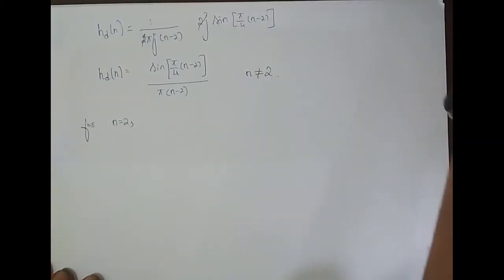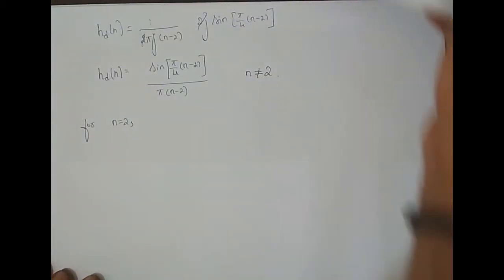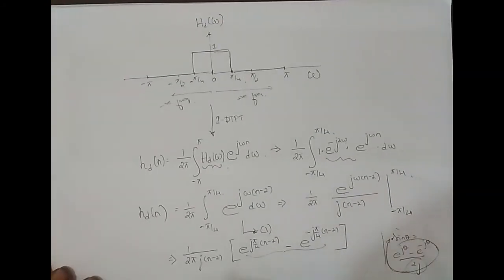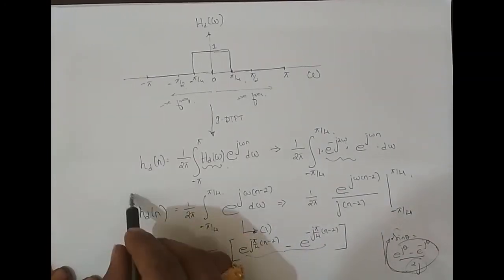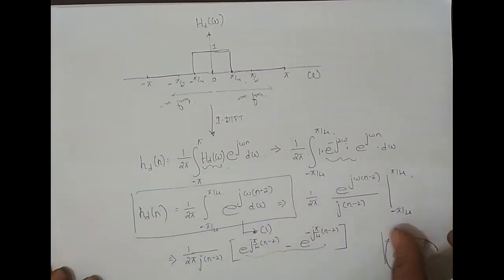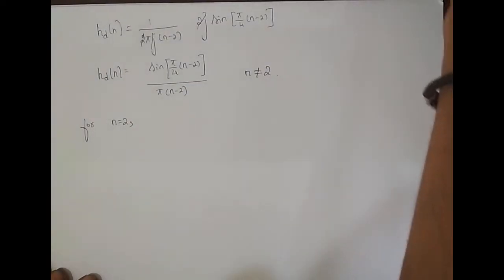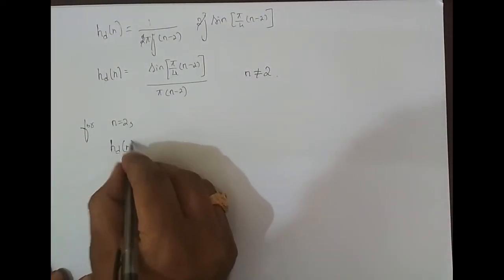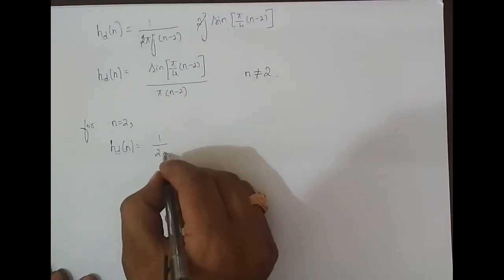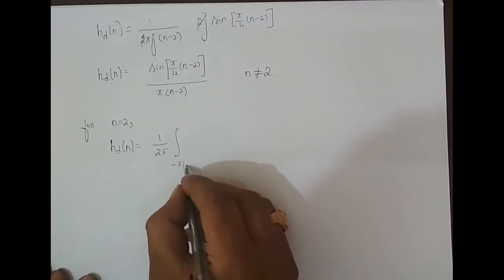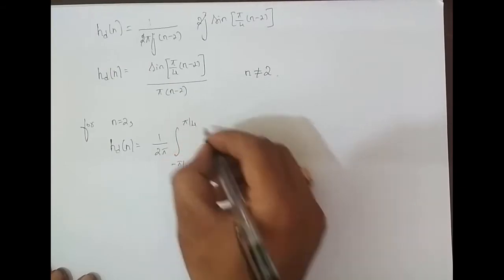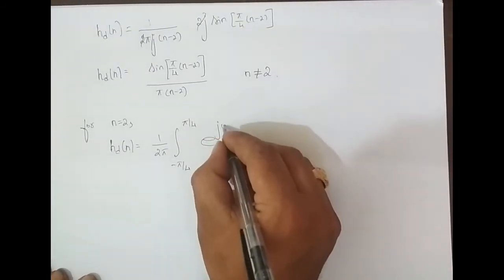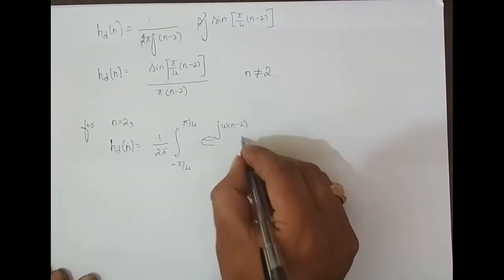So we will make use of equation number 1. What is our equation number 1? It is this. Let me copy this equation. Hd of n is equal to 1 by 2 pi integrating from minus pi by 4 to pi by 4 of e power j omega into (n minus 2) d omega.